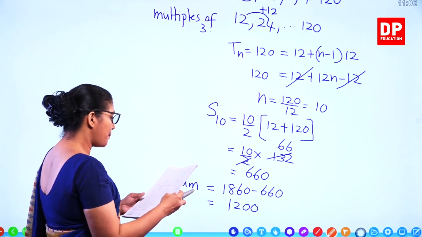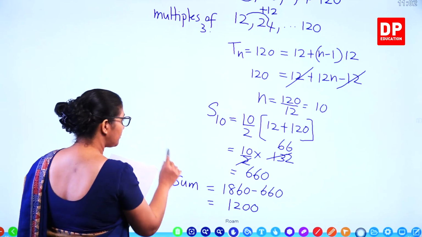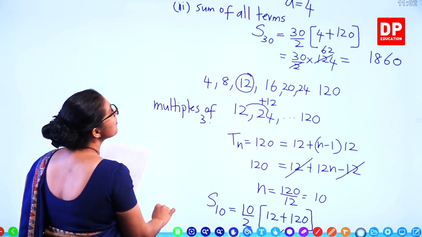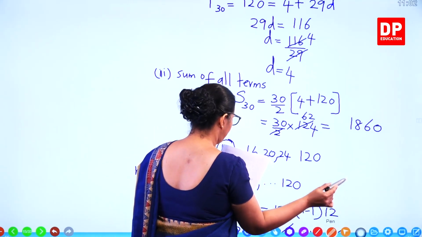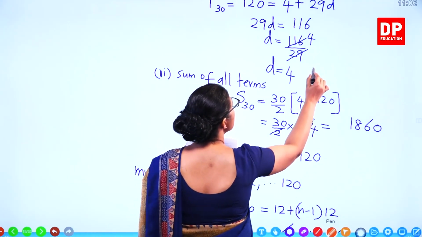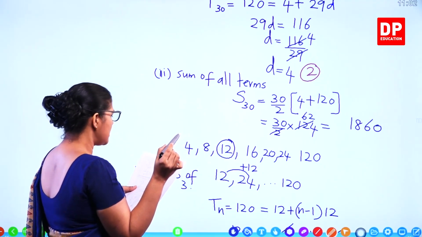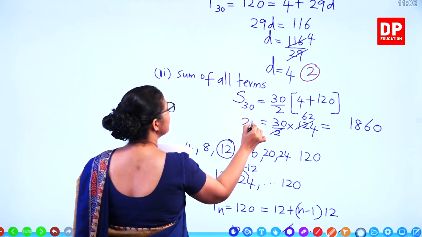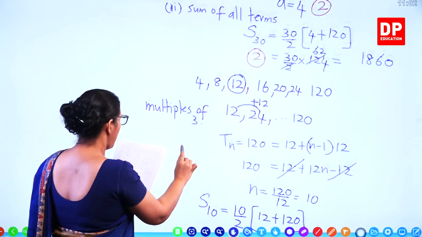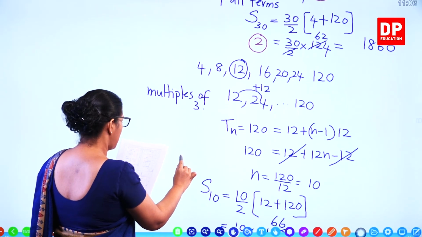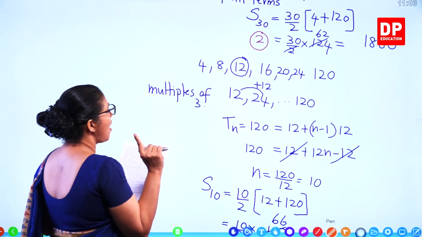So how many marks for these steps? You are getting d equals 4, 2 marks, and S30, 1860, 2 marks, and then 6 marks for the other steps.